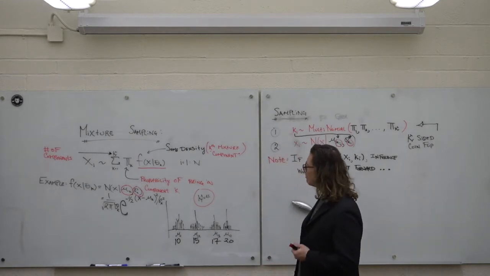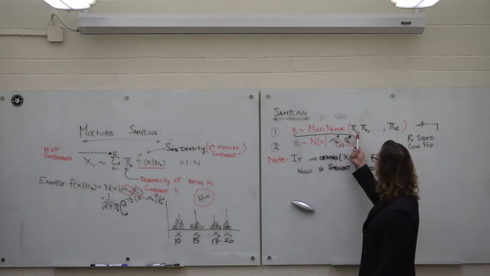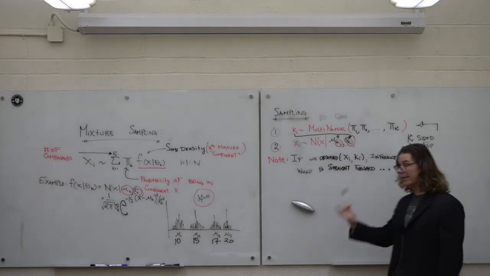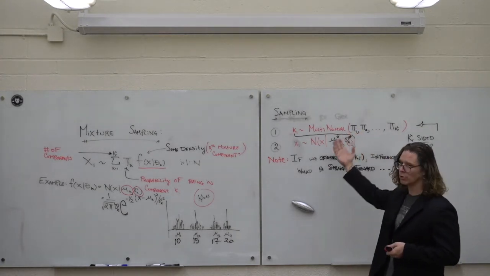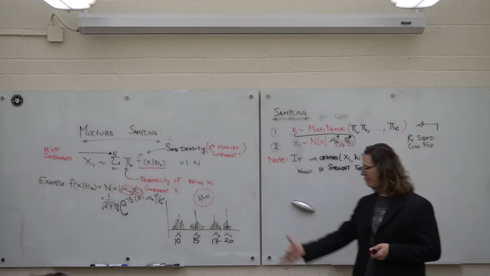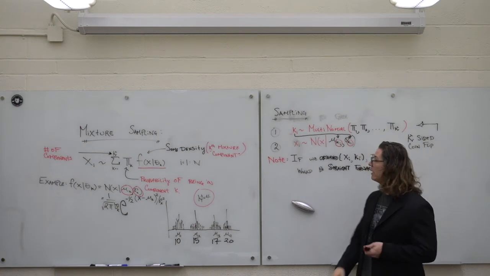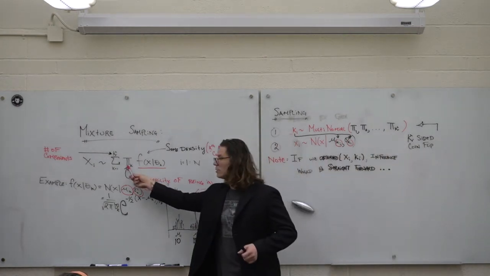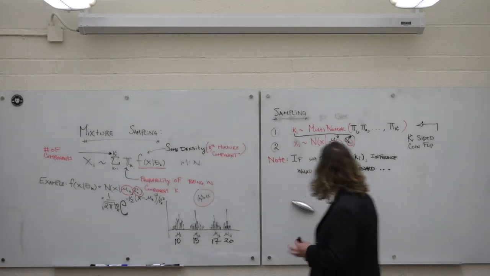So mixture sampling is just repeating a process of flipping a coin. I'm writing this down as a k-sided coin. A k-sided coin flip to a statistician or a probabilist is a multinomial distribution. So what I'm going to do is flip the coin and figure out which component I'm in. I'm going to flip the coin with the probabilities that are acting as weights on that density right there.